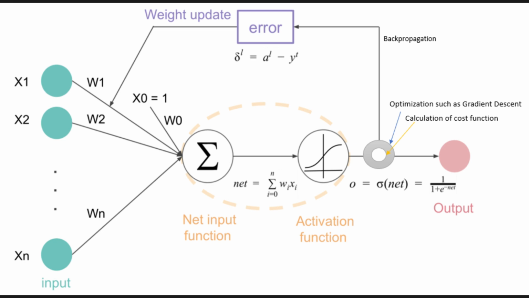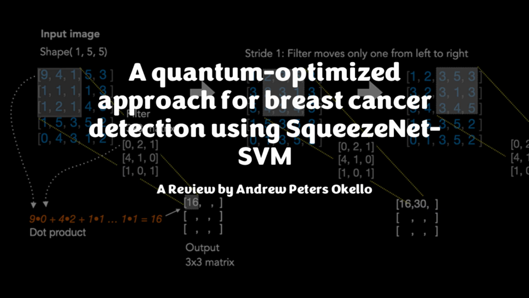The QBGWO, the quantum-inspired binary gray wolf optimizer, fine-tunes SVM hyperparameters such as the penalty parameter C and the kernel coefficients by leveraging quantum rotation gates. QBGWO accelerates convergence and avoids local minima, enhancing model performance.